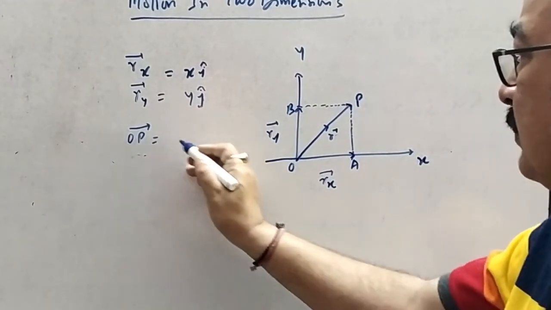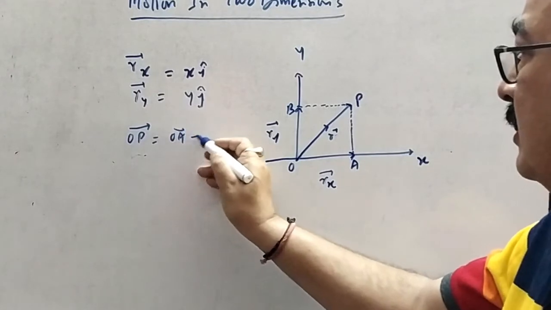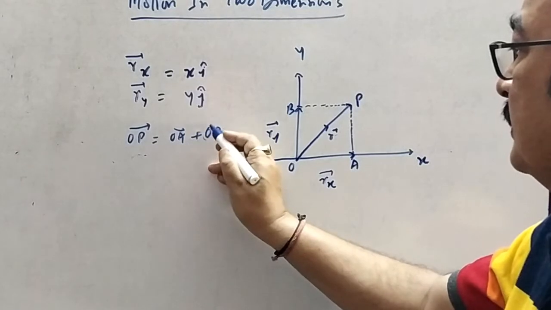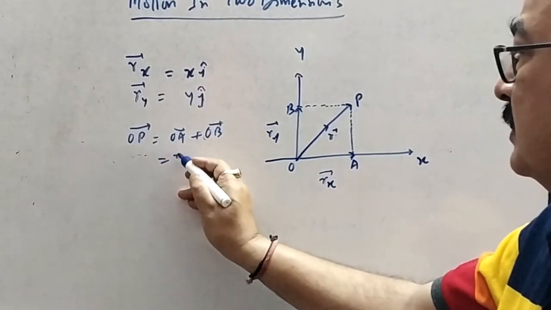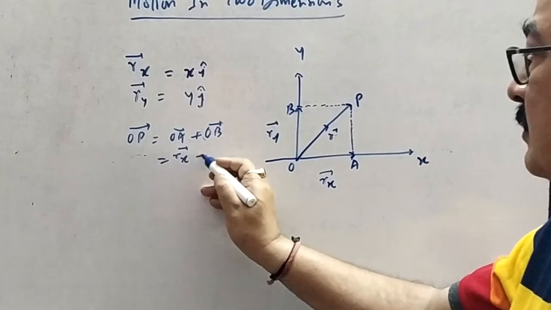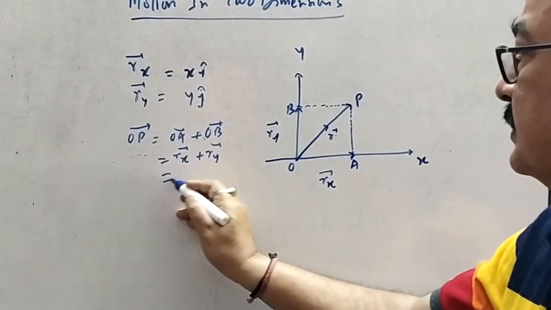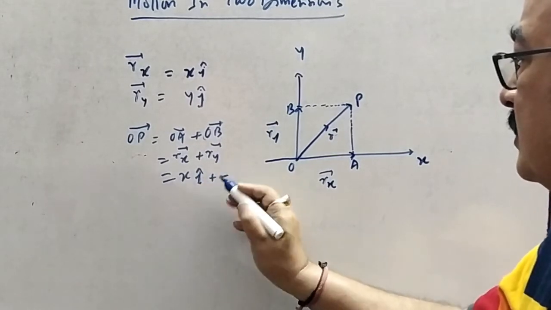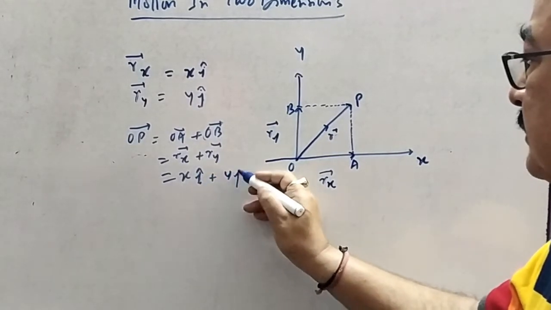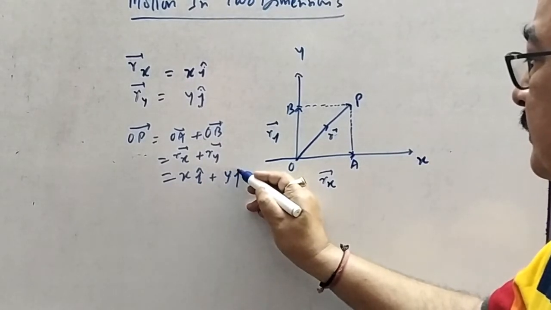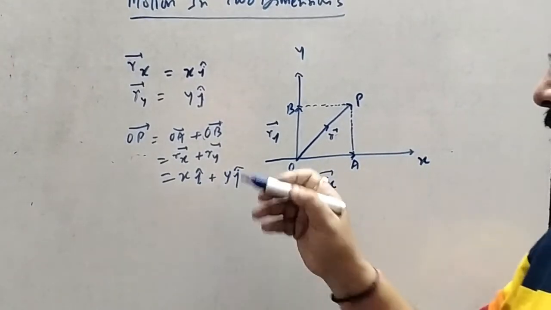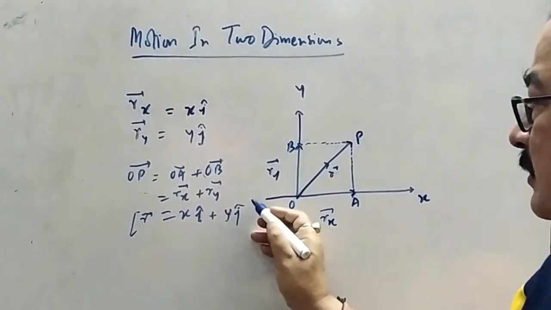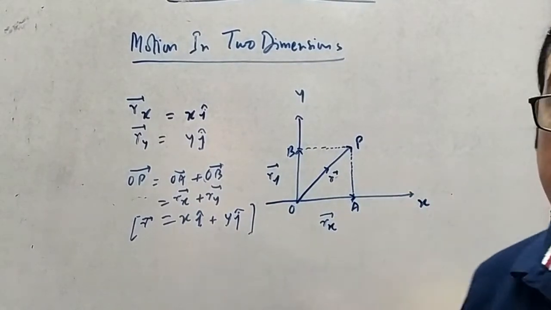From the diagram it is very simple: it's OA plus OB, that means Rx plus Ry, in general xi plus yj. This is the resultant vector, or in general what we call the position vector of point P at any time t.